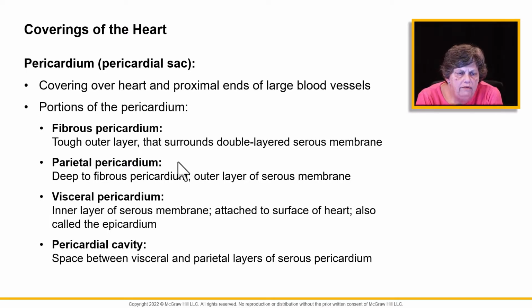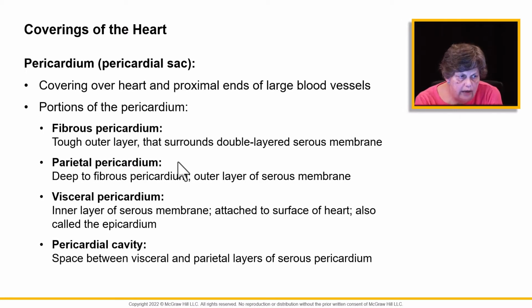And then you have two layers of serous membrane. When you have two layers of serous membrane, like you have around the lungs, which we're going to be talking about in the respiratory system, you have a parietal layer and a visceral layer. The visceral layer is always attached to the surface of the actual organ. The parietal layer is basically above that.